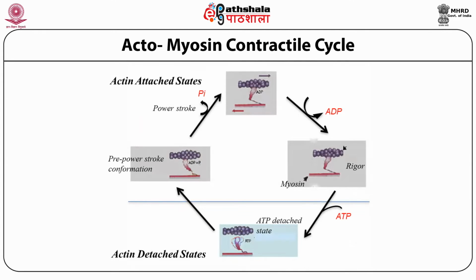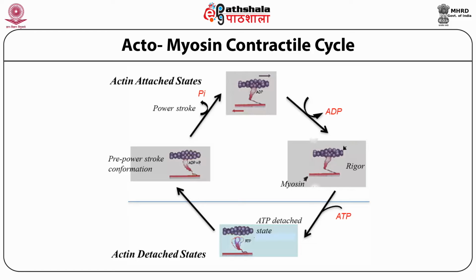The sliding of actin and myosin over each other is due to the contractile cycle. Myosin bound to actin, when no nucleotide is bound to it, is called the rigor state. When ATP is bound, the myosin detaches from the actin.